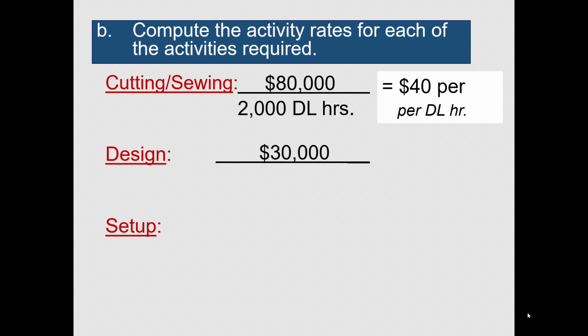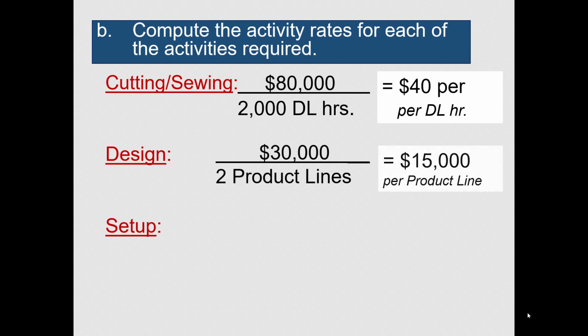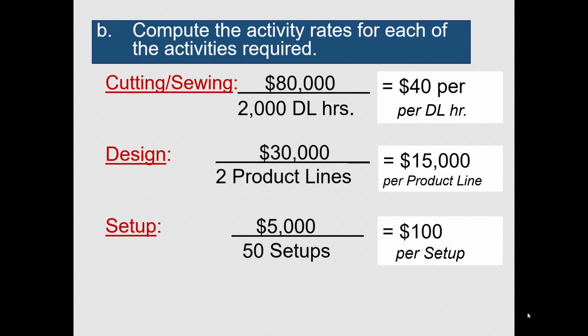For product design, we have $30,000 of cost, and this cost is allocated equally to your product lines, and you have 2 product lines. So that would be $15,000 per line. Setup costs are $5,000, and we expect a total of 50 setups, or $100 per setup.